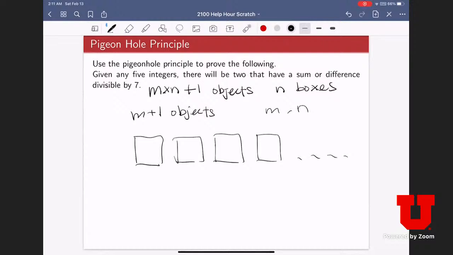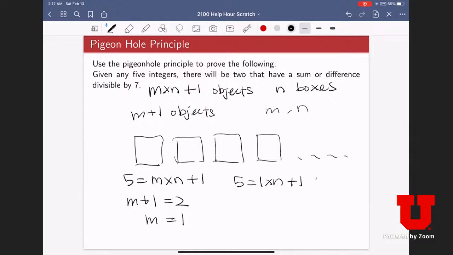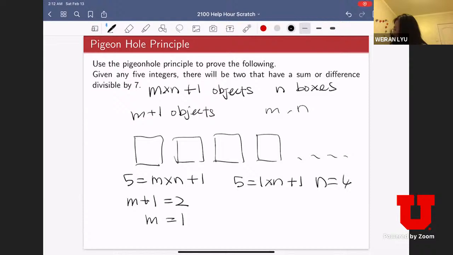And the number of objects in a container that they would like is 2, so m plus 1 is equal to 2, so m is equal to 1. Then using the equation mn plus 1 is equal to 5, since m is 1, n should be equal to 4. Yep, exactly. That's exactly the way you find how many containers you need in this problem. So you just need 4.